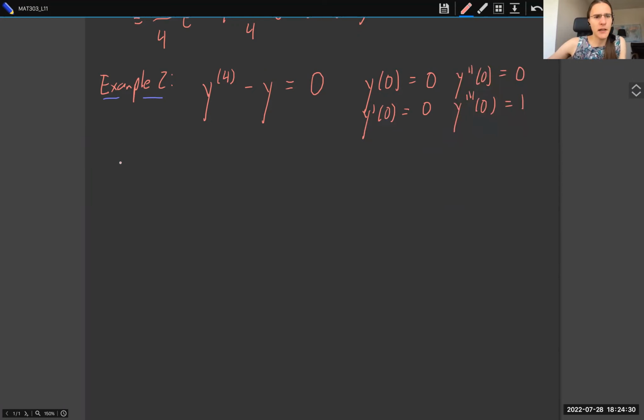So if we take the Laplace transform of y fourth derivative minus y, then what we're going to get is s to the fourth power times the Laplace transform of y. And then we're going to do successive powers of s down to y triple prime, but all of these are going to be 0. So it's just going to be minus 1 because I plugged in the condition. Minus the Laplace transform of y.